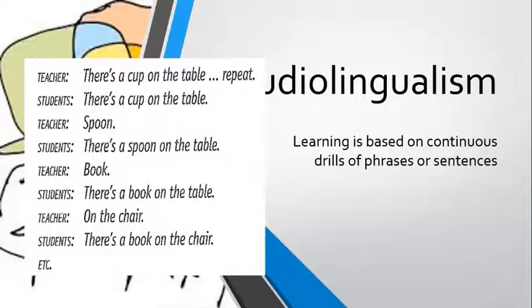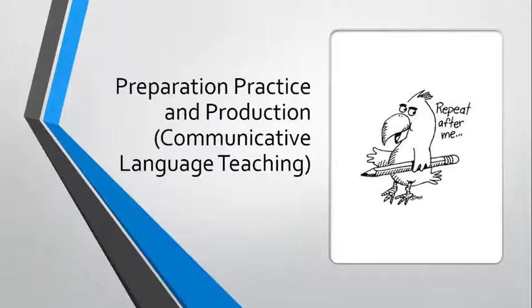In this case, on the shirt, they know that they have to replace the words at the table. They will say there is a book on the shirt. In this way, the students will have a lot of repetition in order to make sentences.